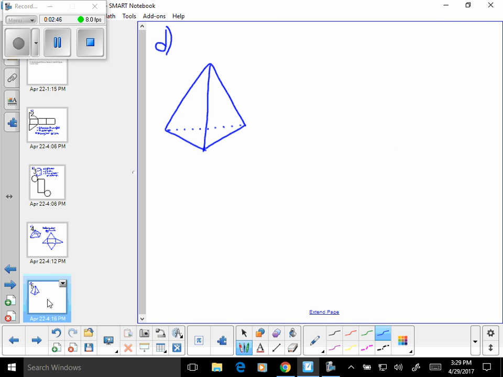Let's see if you can figure out this one. First of all, if you can identify the shape, it is a triangular pyramid. The base is a triangle, so are the lateral faces.